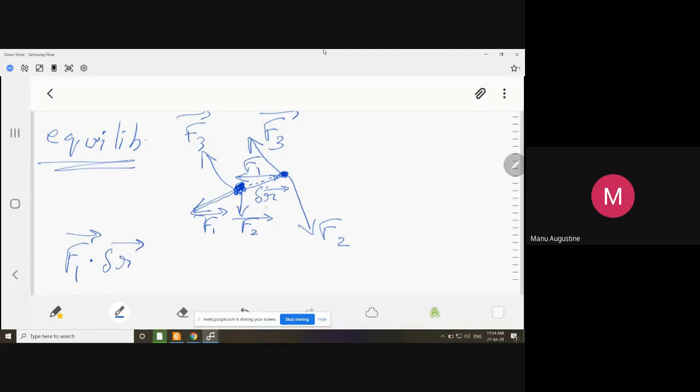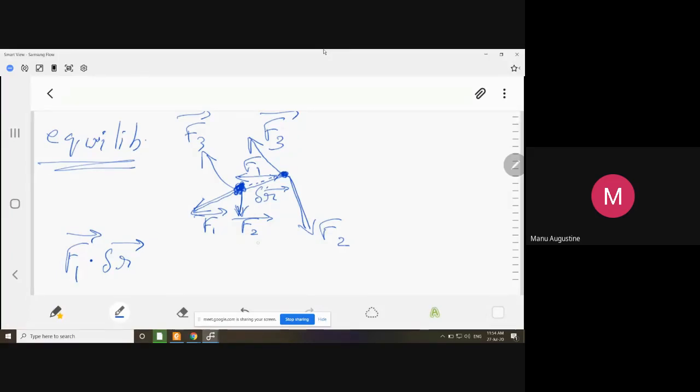Similarly, the point of application of F2 has also moved. F2 was acting here, but now it is acting here. So if the point of application of the force moves, that means the force itself has moved. And if the motion of force is produced, then there is work done by the force.